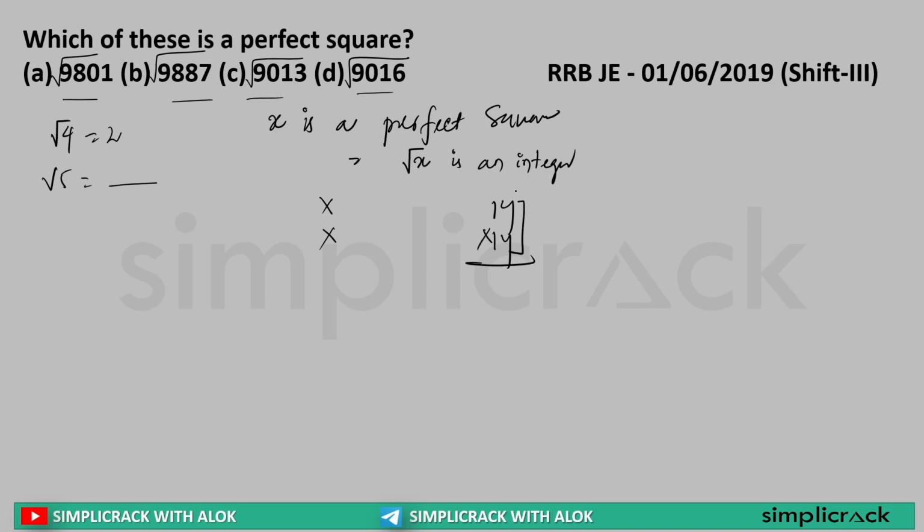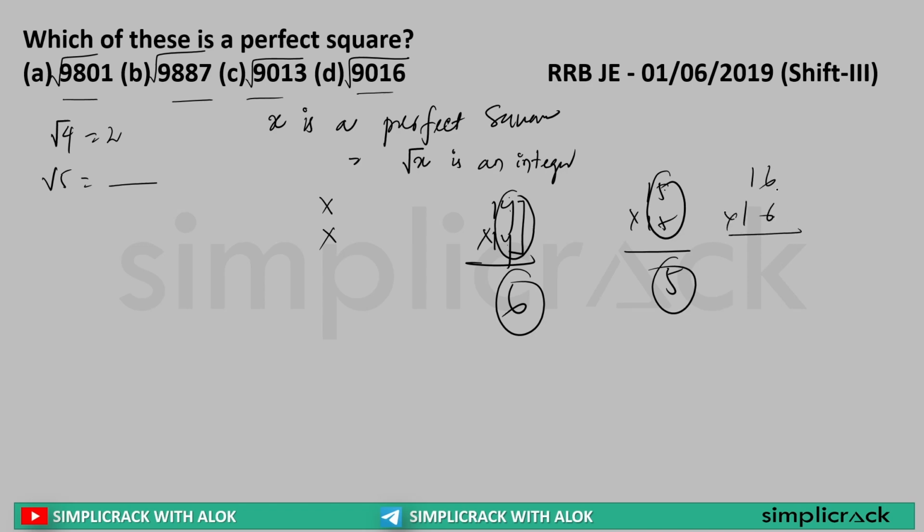So the unit digit 4 should be the same, and its multiplication will get me 4 times 4 is 16, that means 6. If I'm multiplying 15, the unit digits are equal, 5 times 5 is 25, so I get 5 as the unit digit. If I'm multiplying 16 into 16, unit digit 6, 36, so I'll get 6 as the unit digit. Or if I multiply 12 into 12, 2 times 2 is 4, so the unit digit will be 4.